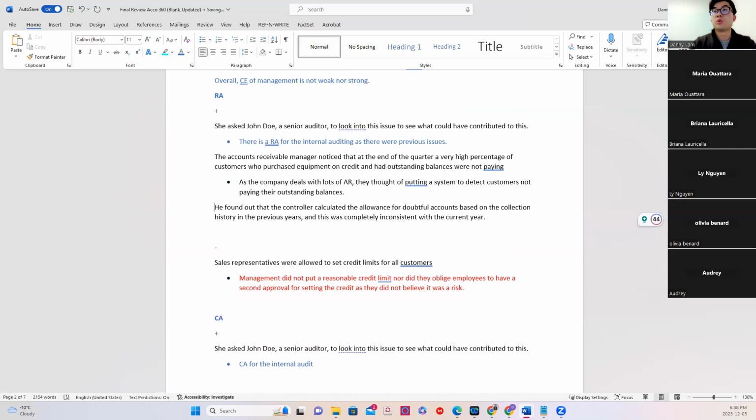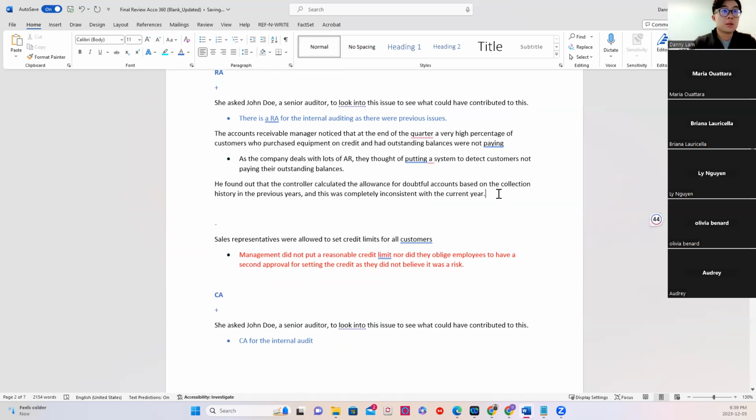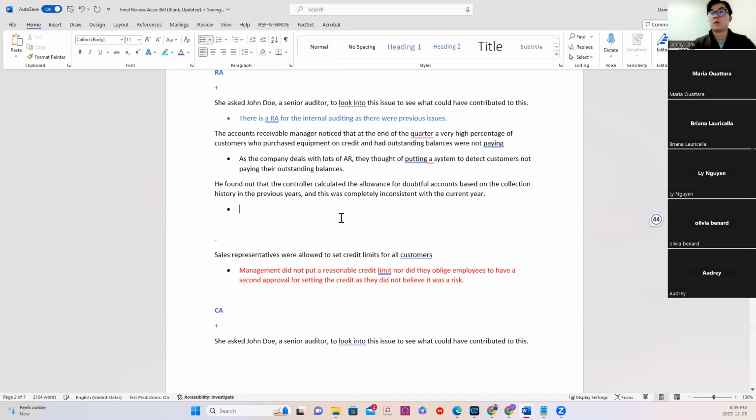Okay, so let's see. Management has estimated risk of AR by having AFDA calculation for this year.